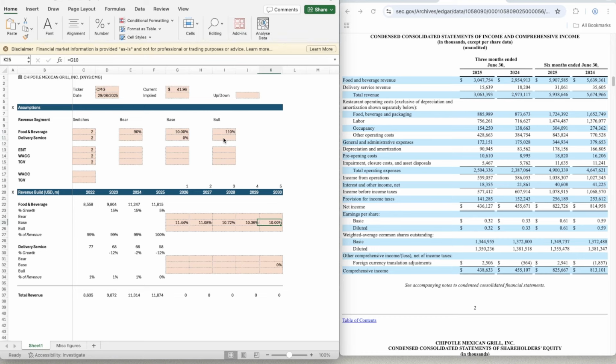So for the bearish case, we take the 11.4 and we multiply it by the 90 on the bear case, and that gives us a 10.3% growth rate in the bear scenario.